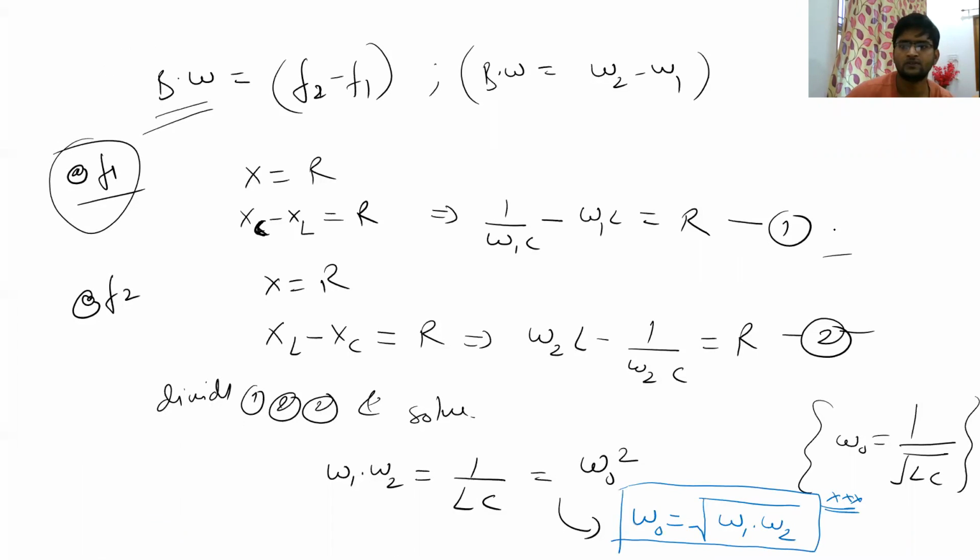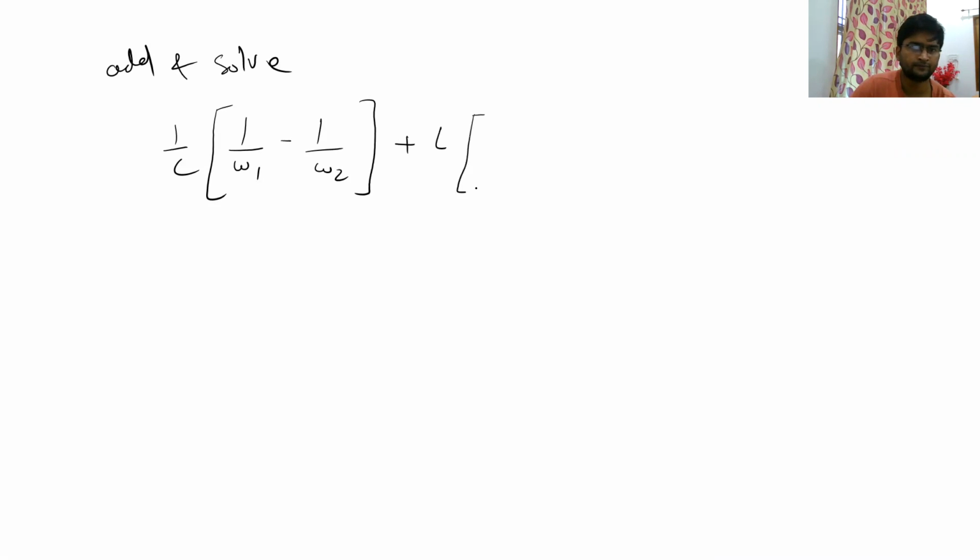Now similarly, if we add those equations 1 and 2 and solve them, we will get 1 upon C times (1 upon omega 1 minus 1 upon omega 2) plus L times (omega 2 minus omega 1) is equal to 2R.